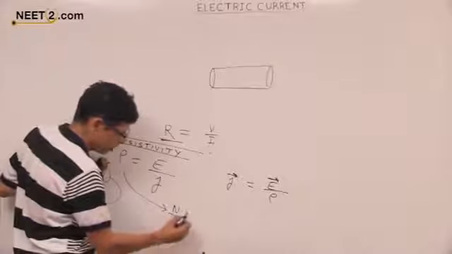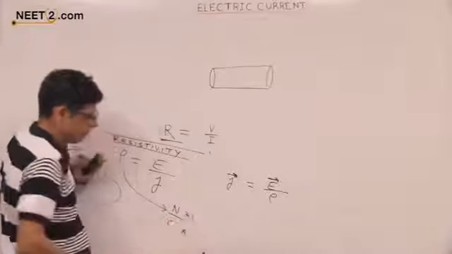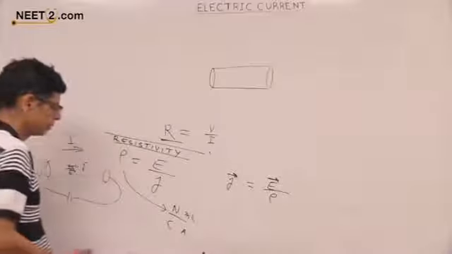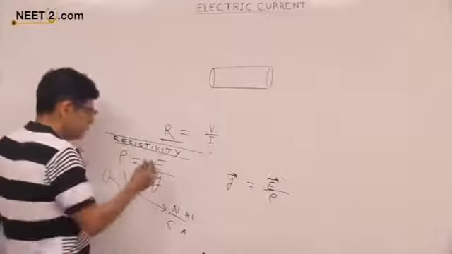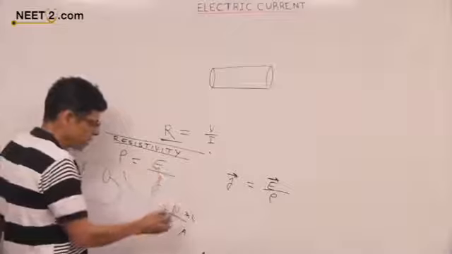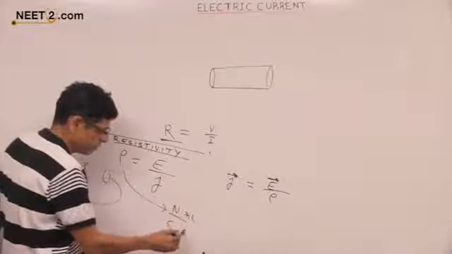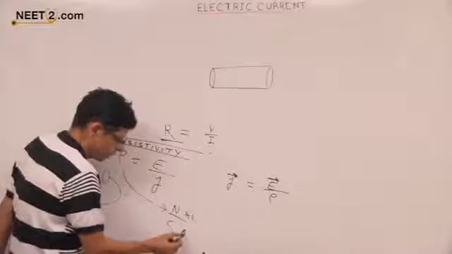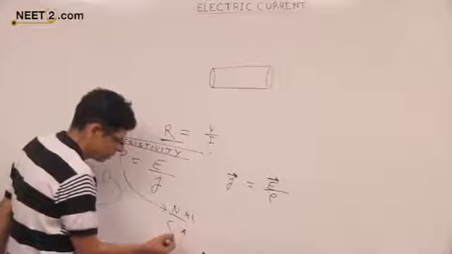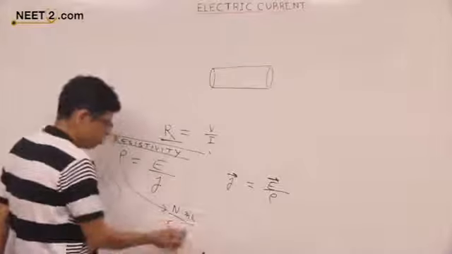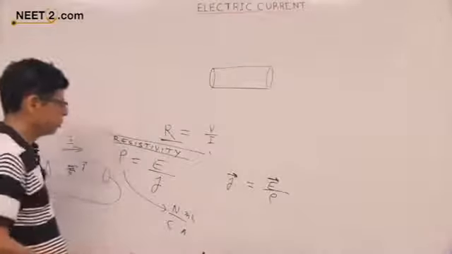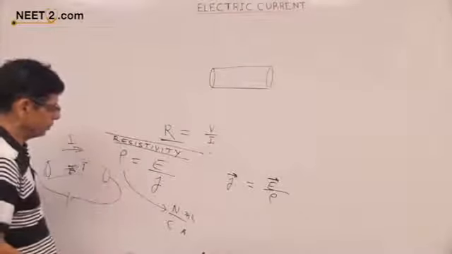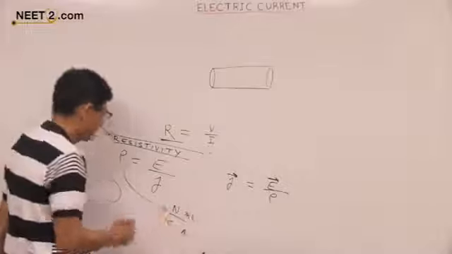So meter square jumps there. Electric field is Newton per coulomb and J is ampere per meter square. So ये आ गया. Now this ampere is coulomb per second. So you can write it in other forms, and so that is what it is.